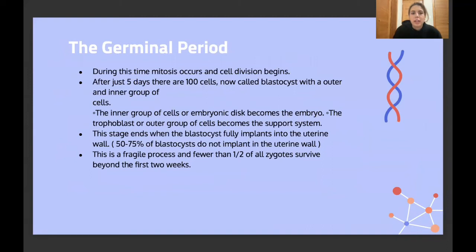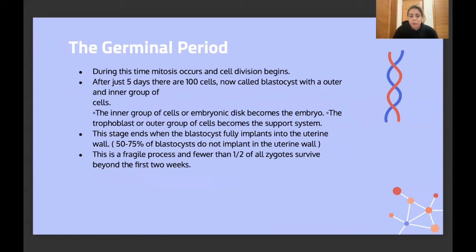After just 5 days, there's 100 cells, now called the blastocyst, with an outer and inner group of cells. The inner group of cells or embryonic disc becomes the embryo, while the outer group of cells becomes a support system. This stage ends when the blastocyst fully implants into the uterine wall.